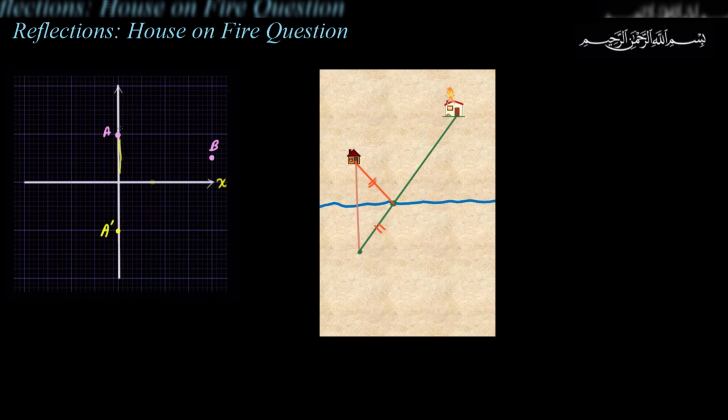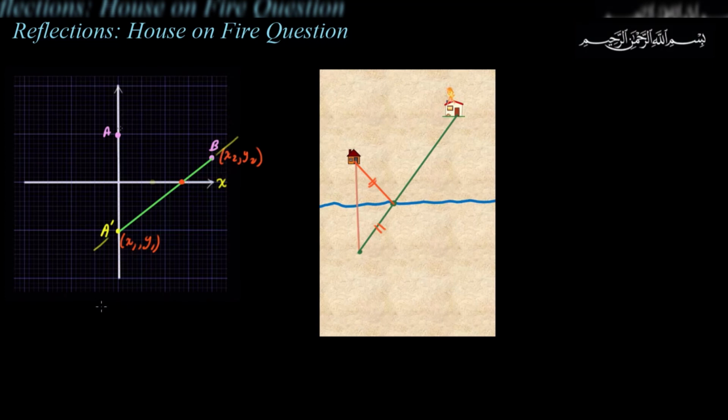And then I just connect A prime to point B like this, and then I would simply have to find the intersection of this line. So here you would have an ordered pair x1, y1, and here B would be x2, y2, and of course you can then find the equation of the line that contains these two points.